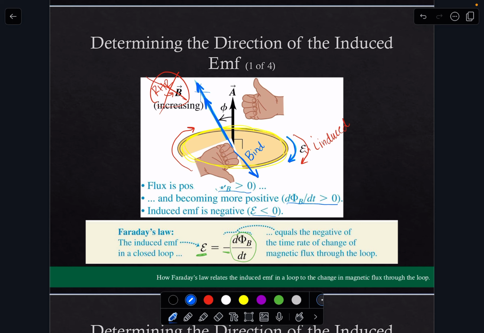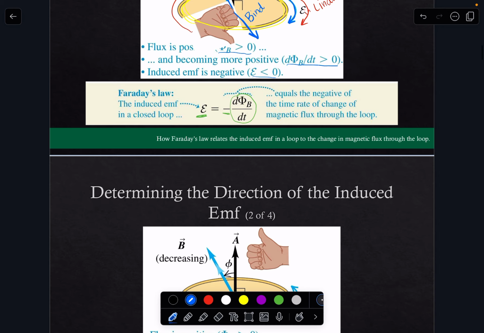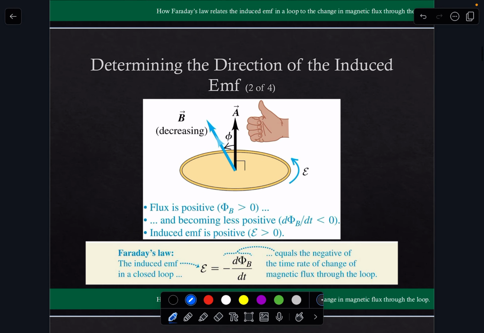To find the direction of the induced EMF, we need to first determine the direction of the induced magnetic field that opposes the change in flux. So let's take that idea and apply it to this situation. What if we have B pointing up, but its magnitude is decreasing? What field do we need to add to oppose that decrease?